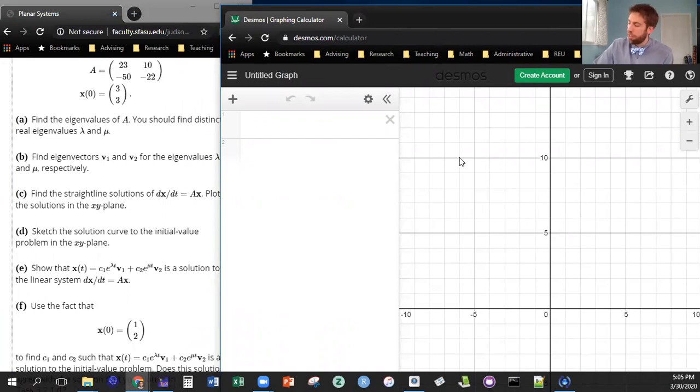So we're going to sketch these graphs. So the vector 1, negative 2.